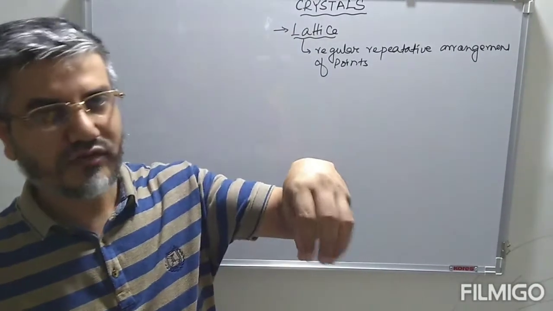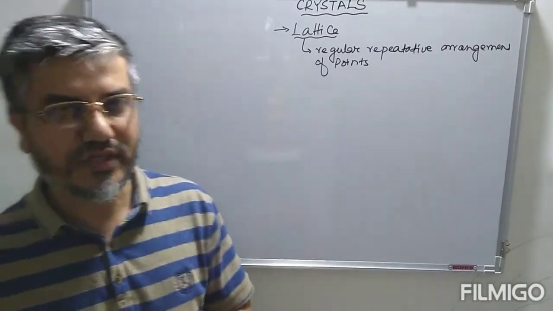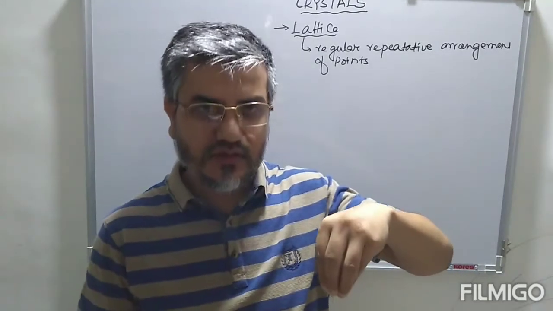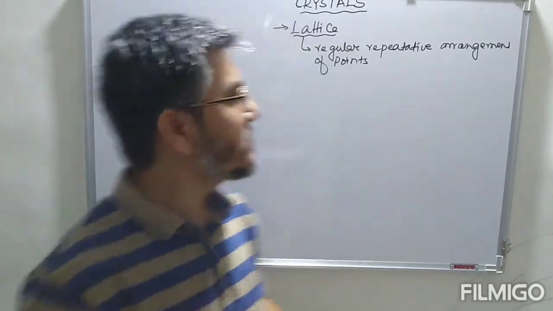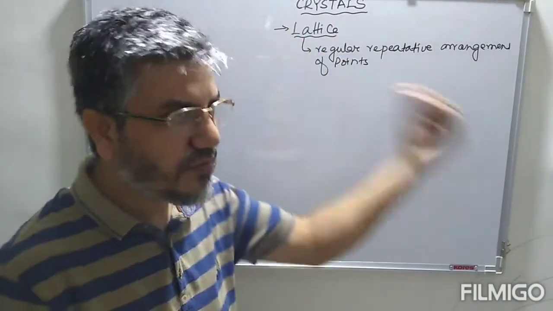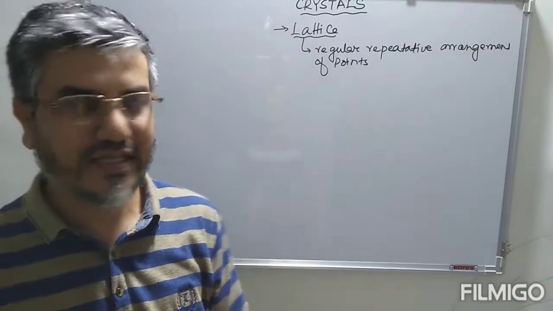If we take the surrounding of a particular point, the surrounding will be the same as at another point. So this is what we call a lattice, and every point of a lattice is known as a lattice point.